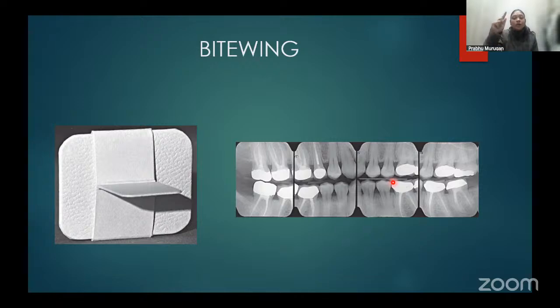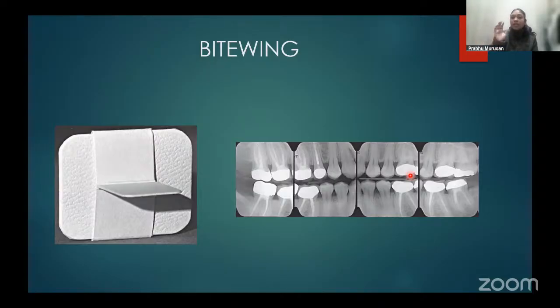Both the maxillary and the mandibular teeth should be covered in such a way that it should not be like the entire maxillary tooth is seen with the apex and only some part of the mandibular tooth is visible. It should not be like that. Both should be equally visible and the apex should not be covered, because our intention is not to look at the apex. If you have to look at the apex, you have your periapical radiograph.